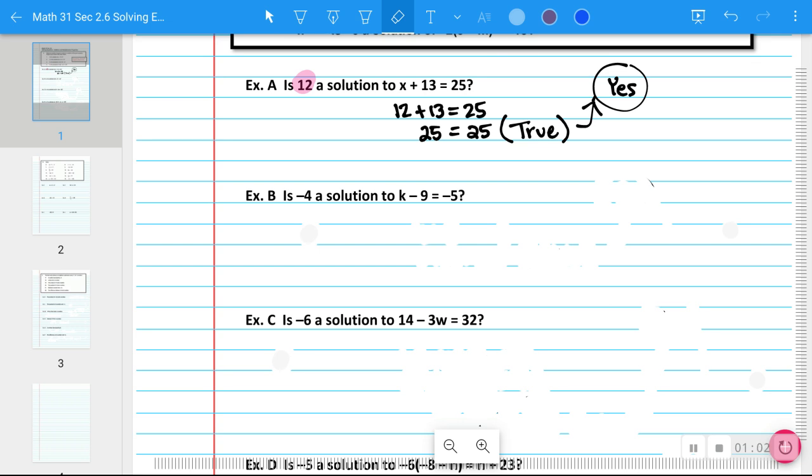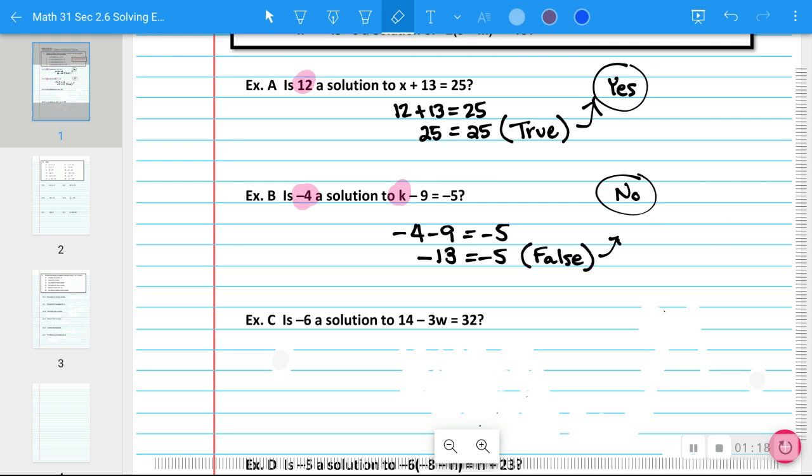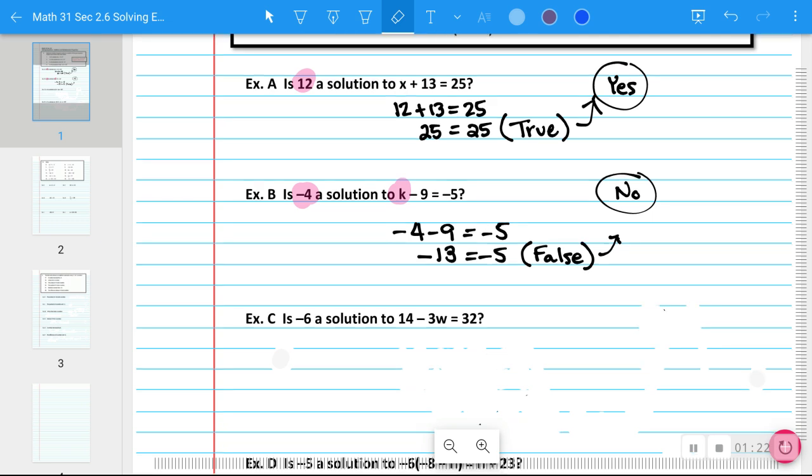Okay, so the next example here, you can see that we're going to be using a -4 wherever it says k. So we'll be plugging in the -4 in the place of k. And this time, we get -13 equals -5, which is false.